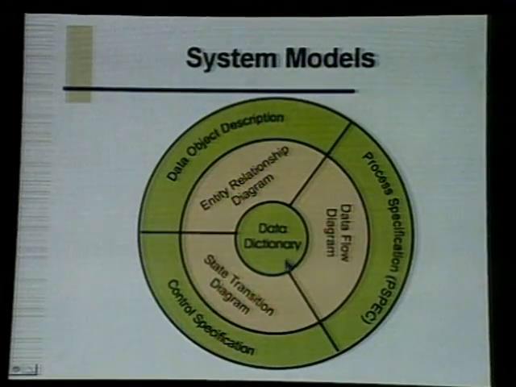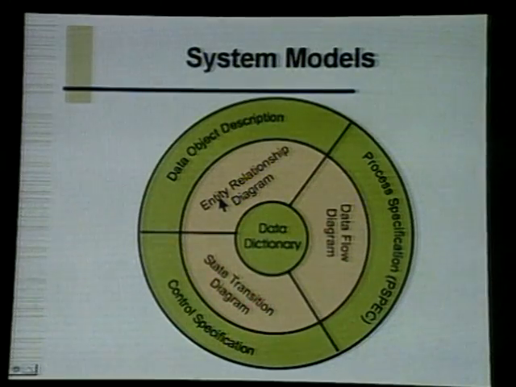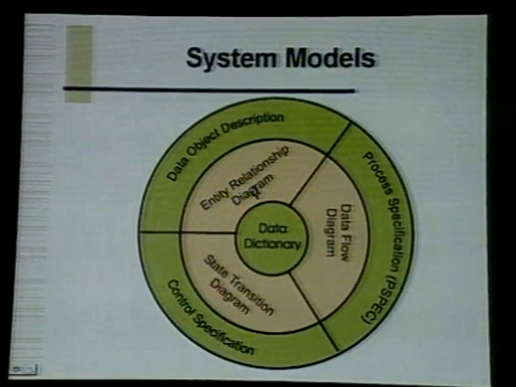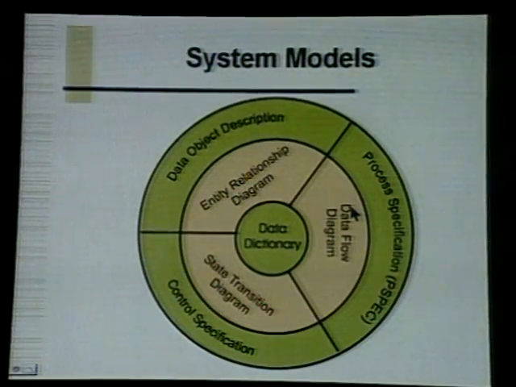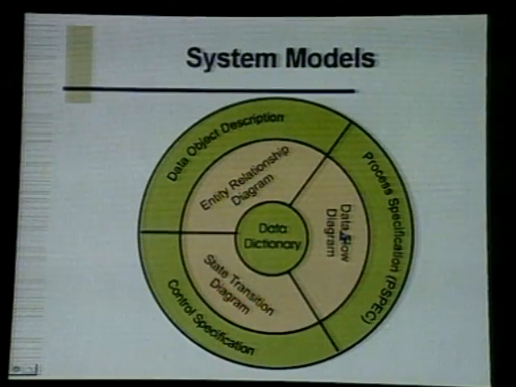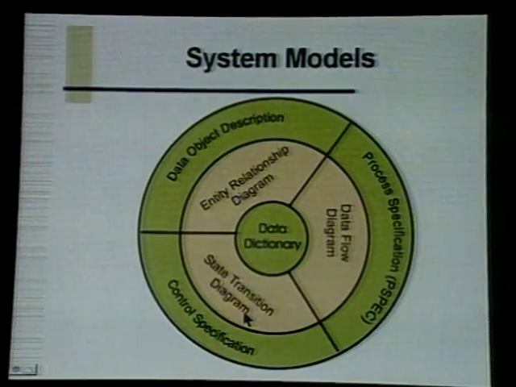In the center, we have the data dictionary. The system analyst produces an entity relationship diagram, or he does the data modeling. He also does the process modeling with the help of data flow diagrams and the behavior modeling, which is done with the help of state transition diagram.